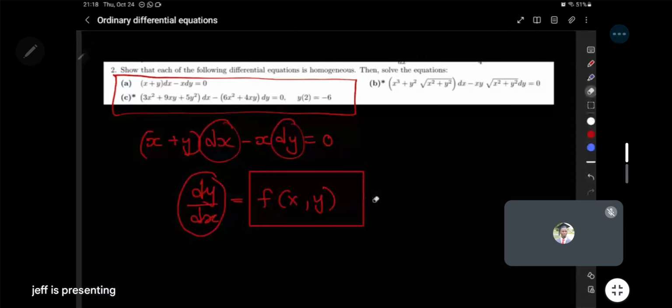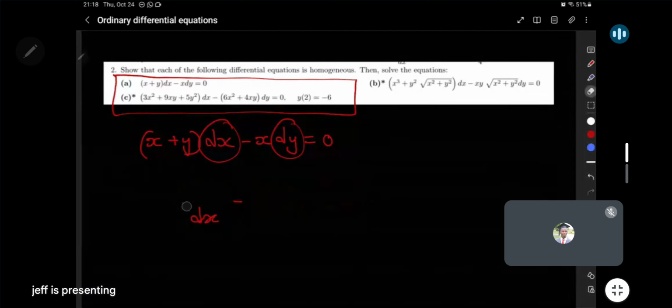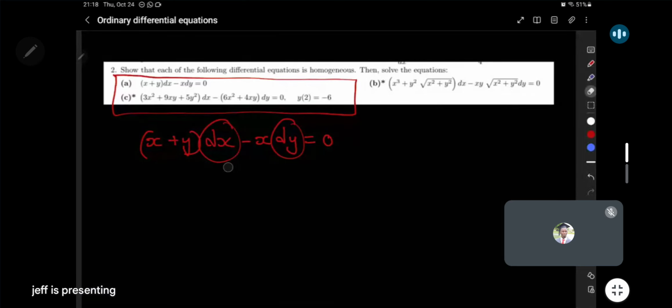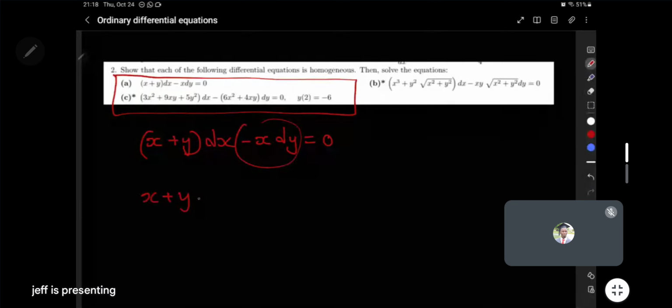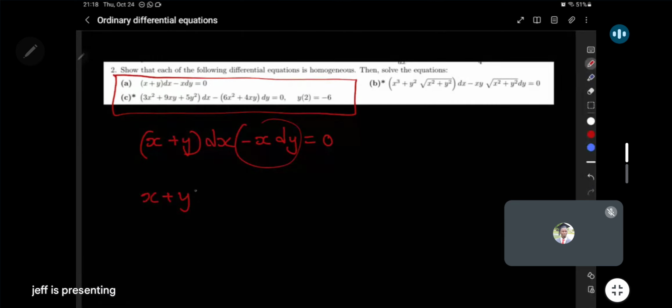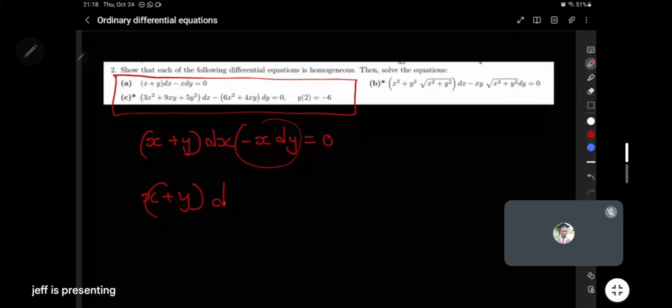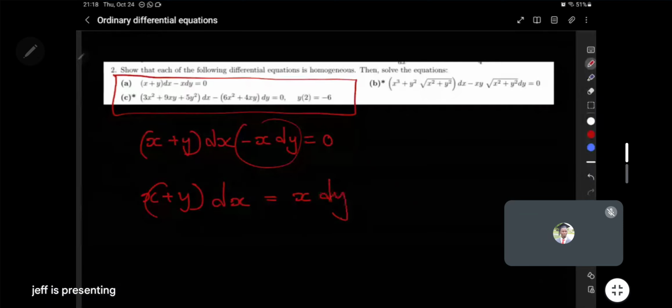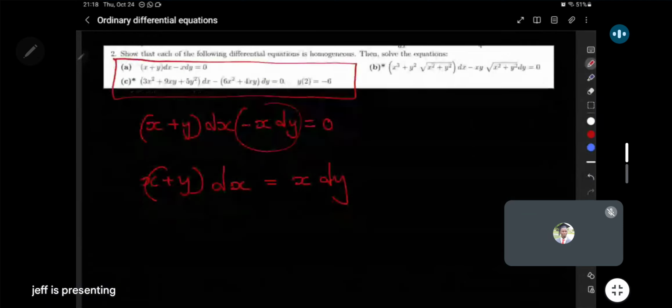So how are we going to do it? We'll start by taking this part to the right hand side, and in this case, we'll have x plus y, and then we have dx is equal to dx dy. So this is what we end up having.